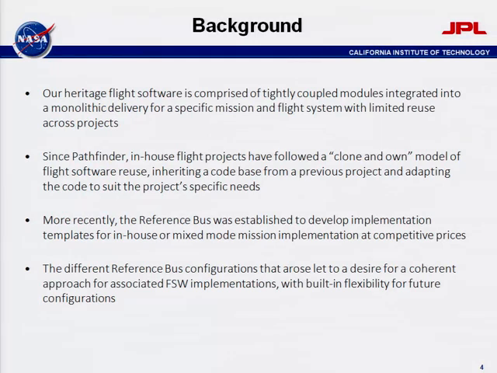So let me give you a little background and motivation about the product line itself. As many of you might know, our heritage flight software is comprised of very tightly coupled modules integrated into a very large monolithic delivery that is meant for a specific mission and is tied to the flight system on which that software is deployed, with very limited reuse across projects.